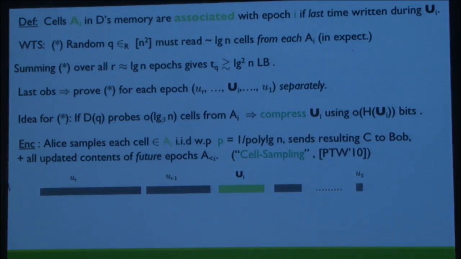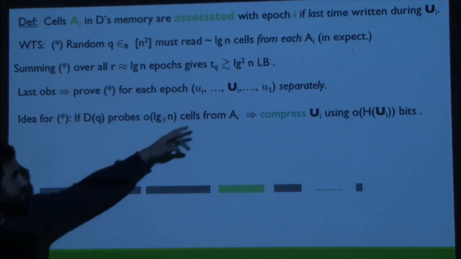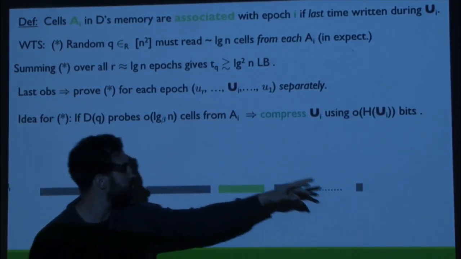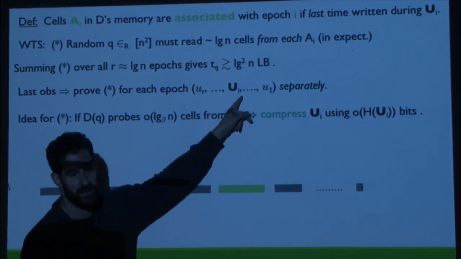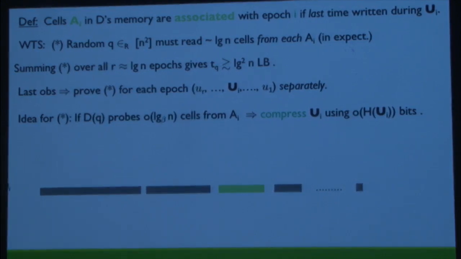So the idea is, imagine Alice here with the entire update sequence. She has everything, including U_i, the live epoch. And Bob has everything except he's missing the ith update sequence.